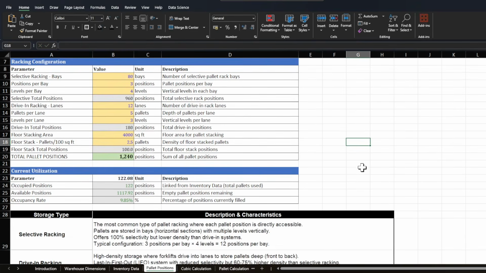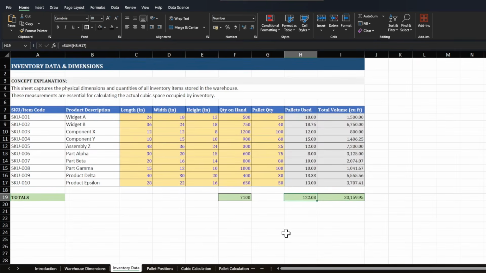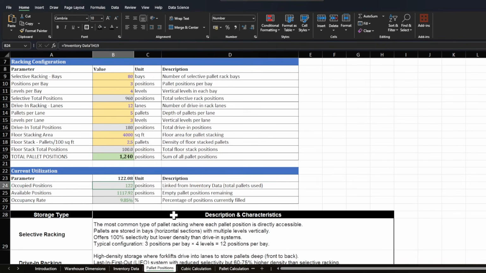Now, you need to check what my current utilization is. First of all, we need to check what my occupied position is right now. So this is 122, which is coming from the inventory data. We just calculated how many pallets are required for our inventory. Correct? So these are the pallets which are required.